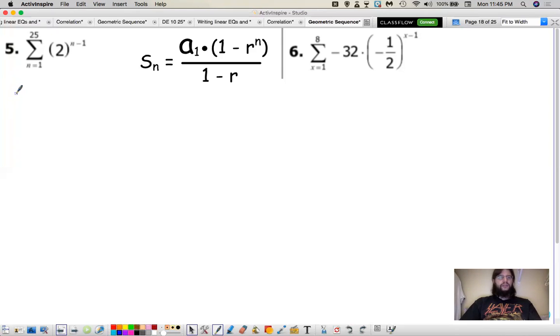So from 1 to 25. Okay. So in 25, R. Well, let's look at our formula.